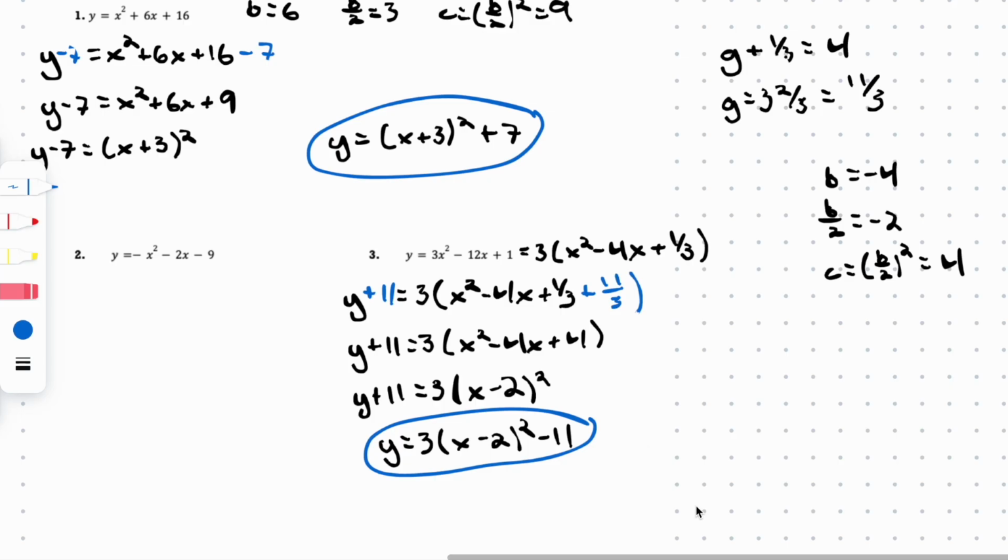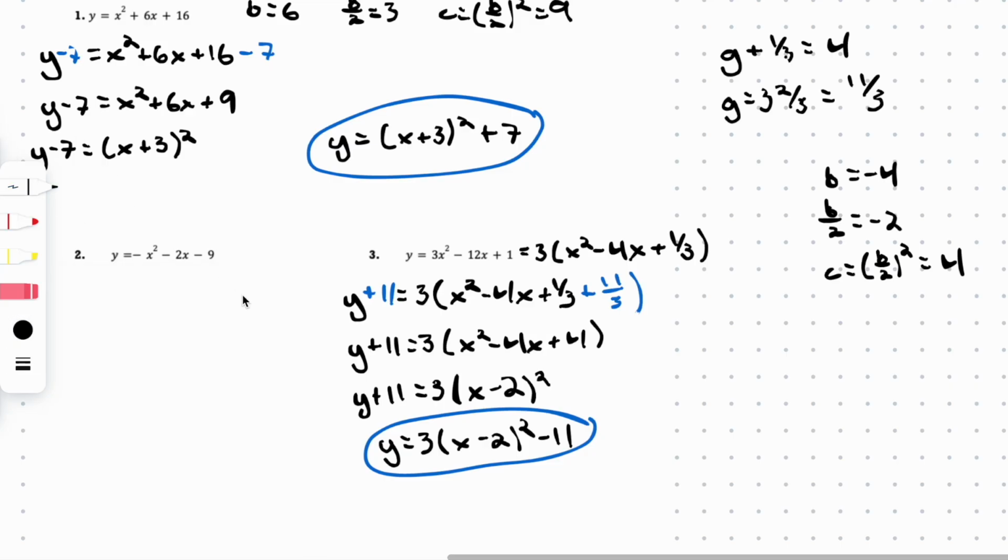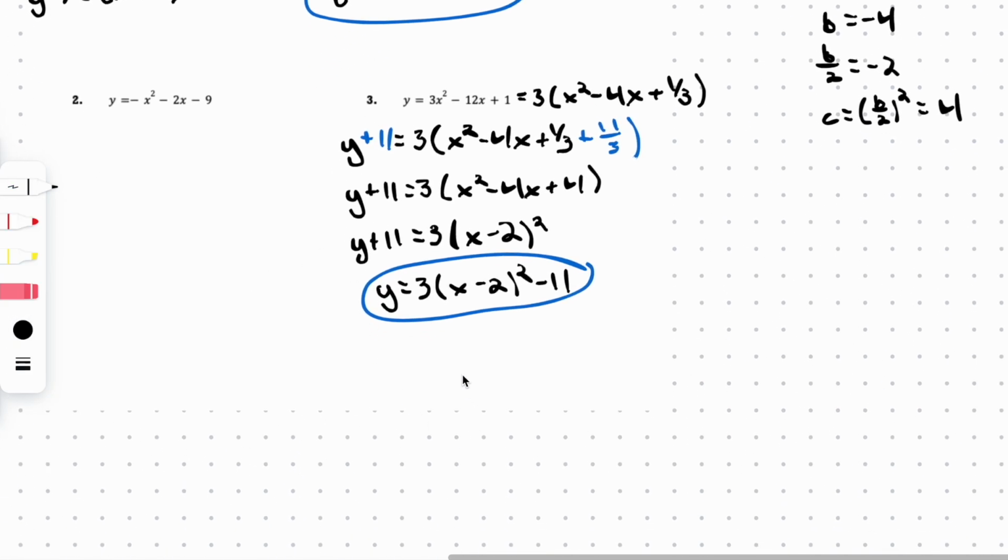Okay, and from here, you might want to have this in vertex form. It's called vertex form for a reason. You can easily see our vertex is going to be h, k. Let me write this out. I don't want to get too off track. Our vertex is h, k, which in our case is not negative, ooh, I almost made the mistake, it's going to be positive 2 because we already have a negative in our formula, and negative 11.